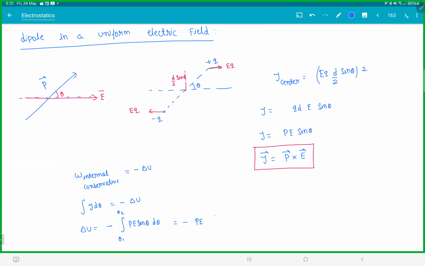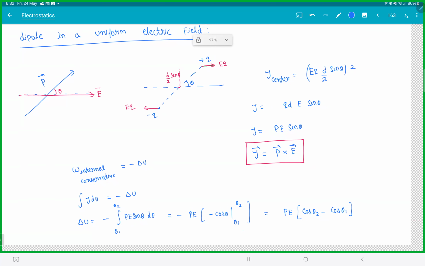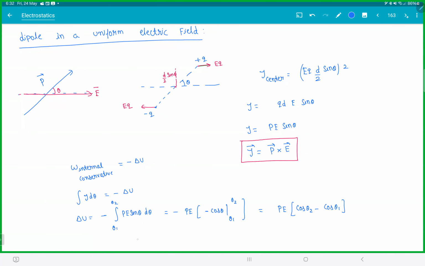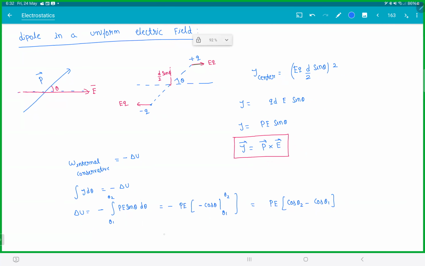That will give you minus cos theta, with limits from theta 1 to theta 2, so PE times cos theta 1 minus cos theta 2. Now we can choose something as reference. We choose theta 1, so basically this is U of theta 2.